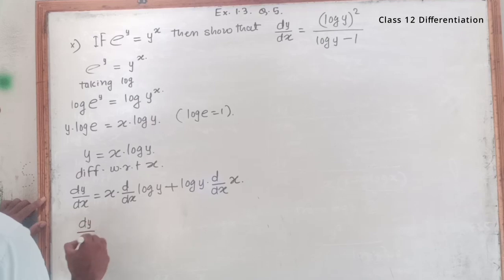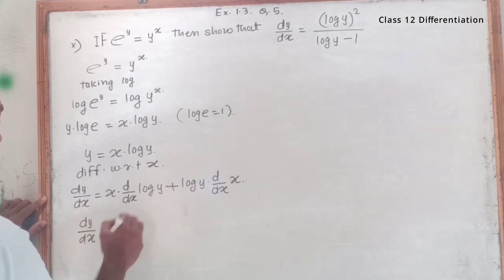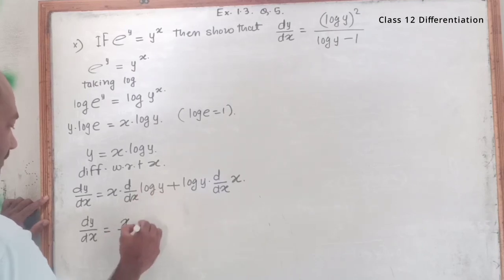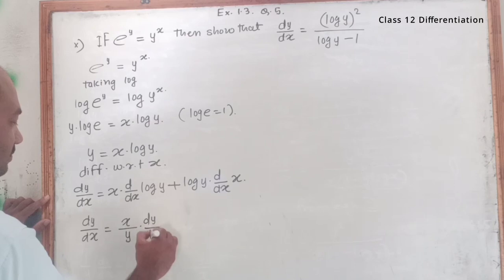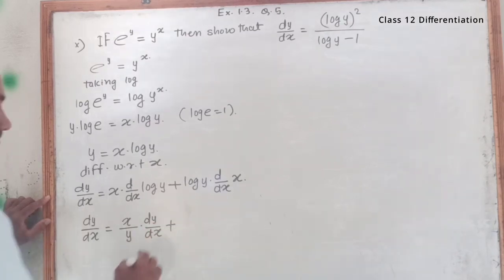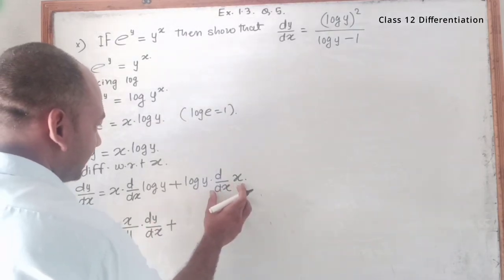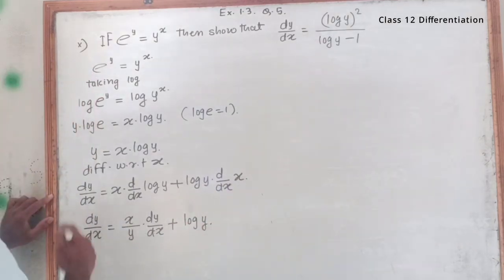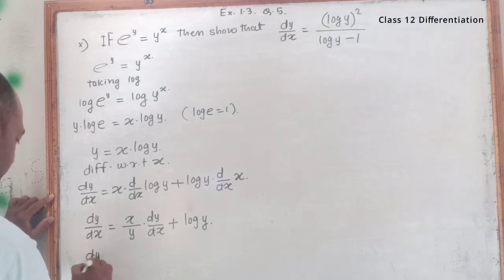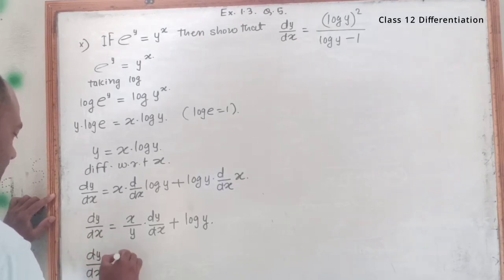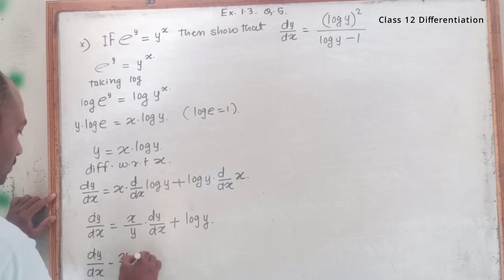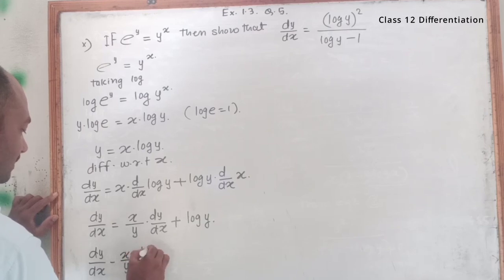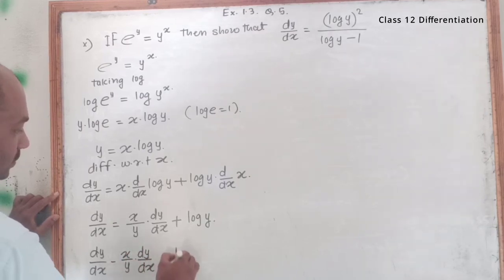So dy/dx is equal to x upon y, derivative of log y being 1 upon y into dy/dx, plus derivative of x, that is 1, so we have log y. Now take this part to the left: dy/dx minus x upon y into dy/dx is equal to log y.